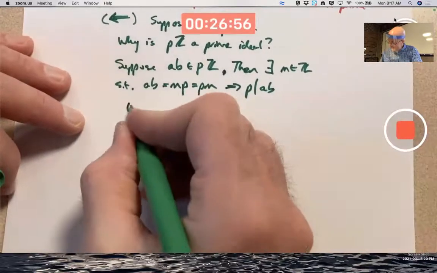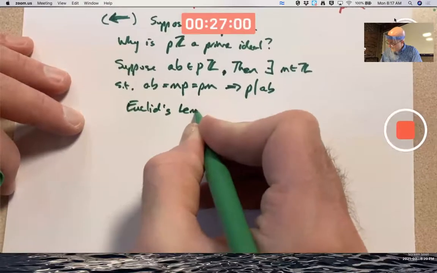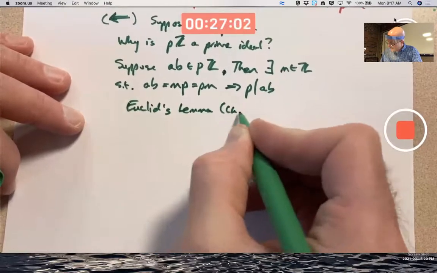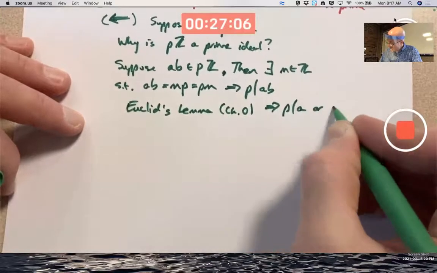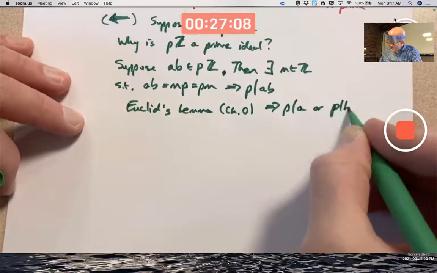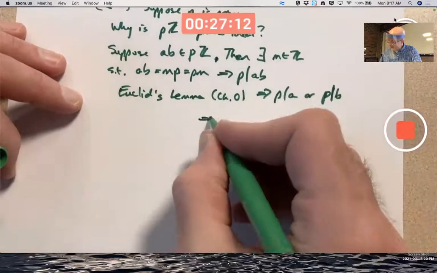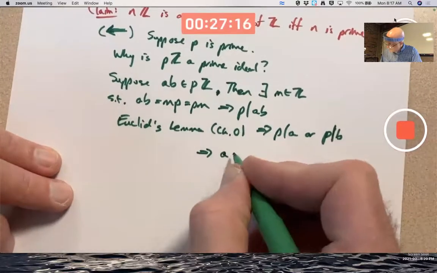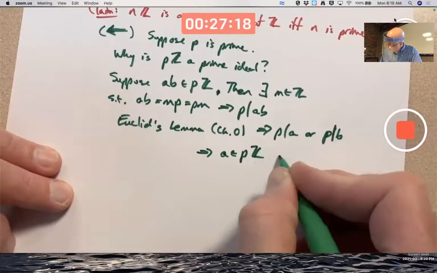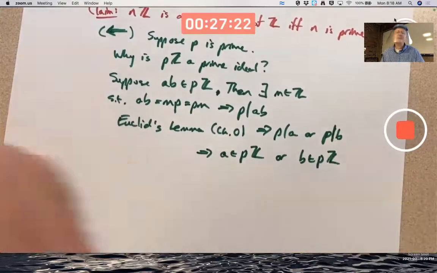But now Euclid's lemma comes into play from chapter 0 to imply p divides a or p divides b. And that in turn means, if you think about it carefully, that either a is in pZ or b is in pZ. And that's enough to prove that pZ is a prime ideal.